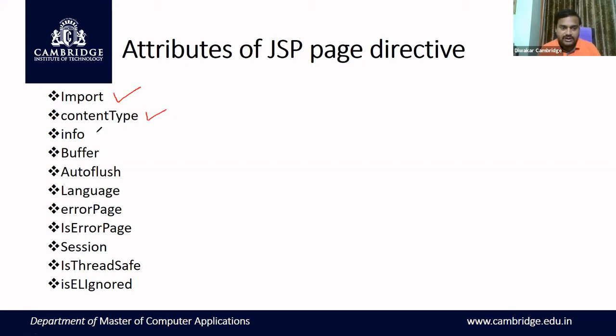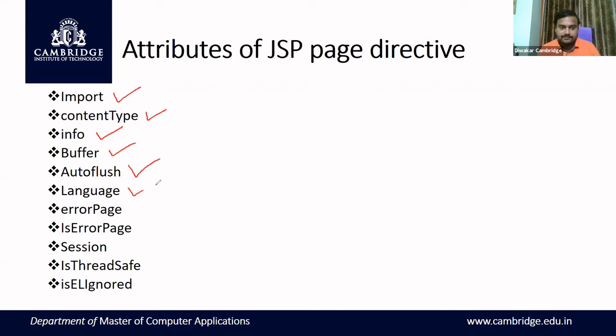If you want to provide any information to the page, you use info. If you want to set the buffer, that is the print writer object out, and its size, you use the buffer attribute. If you want auto flush, you use the auto flush attribute.